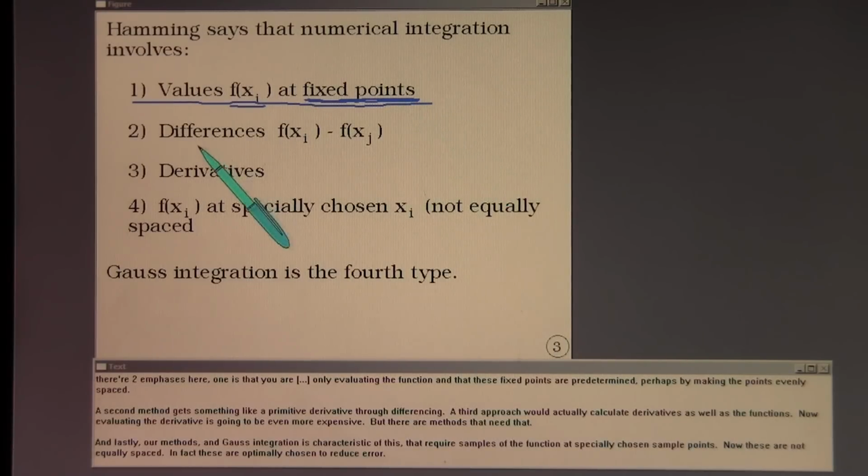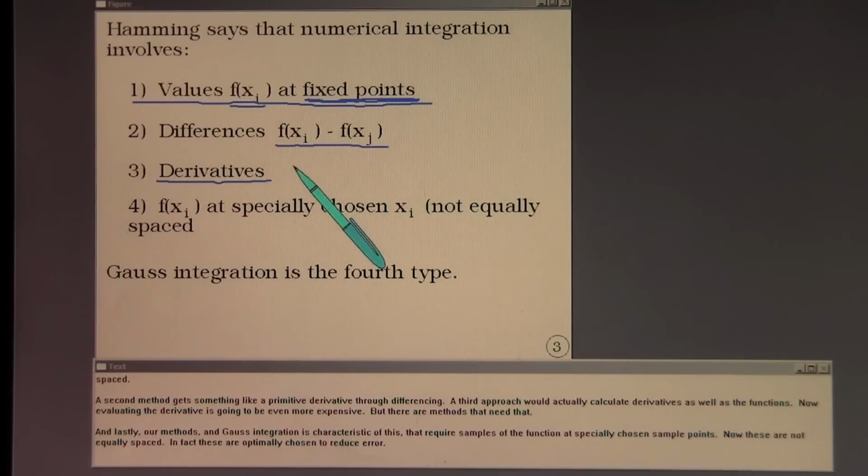A second method gets something like a primitive derivative through differencing. A third approach would actually calculate derivatives as well as the functions. Now, evaluating the derivative is going to be even more expensive, but there are methods that need that.